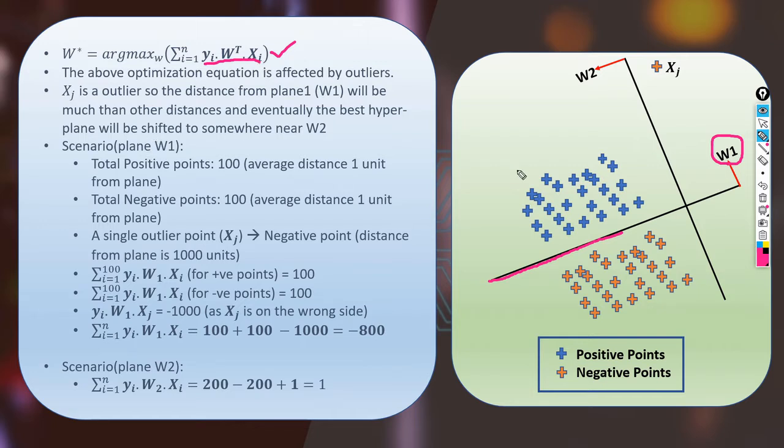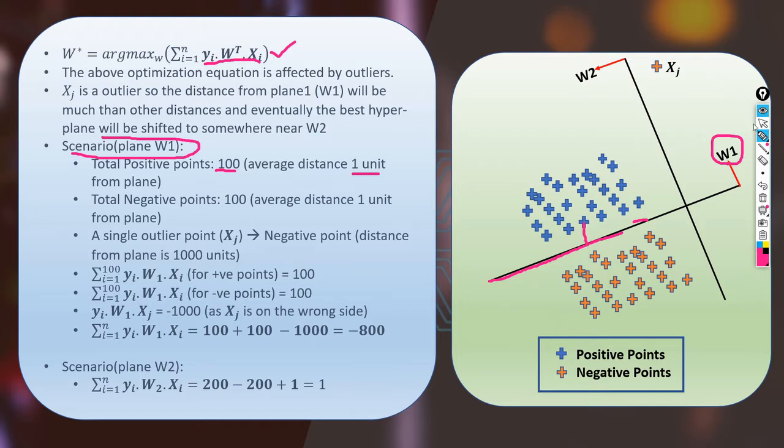For the first scenario, considering the plane w1, for both the 100 positive points and 100 negative points, the average distance from this plane is 1 unit.